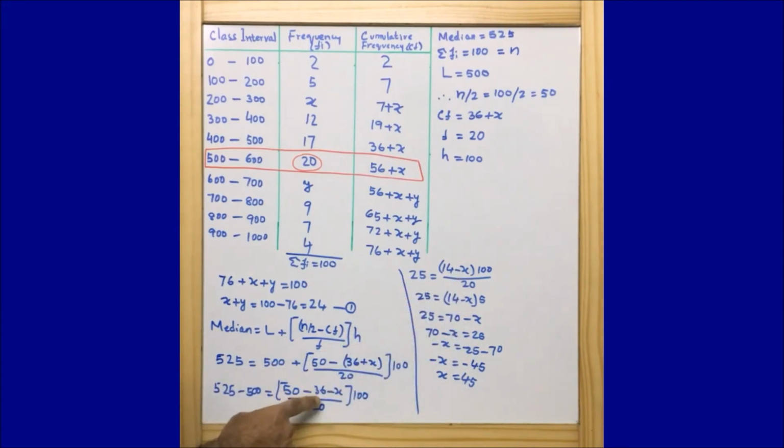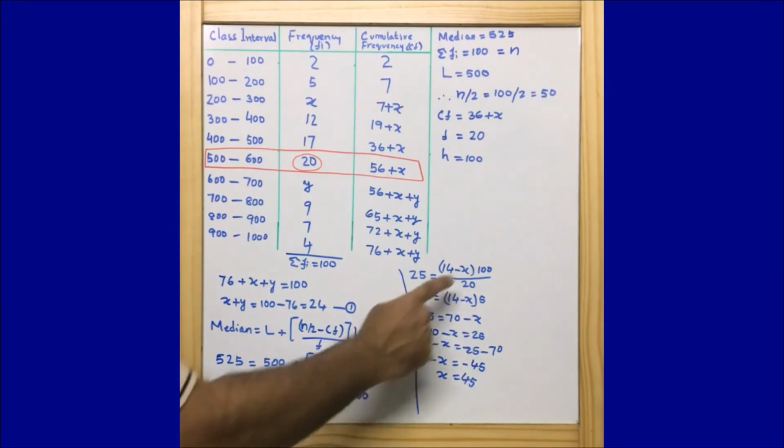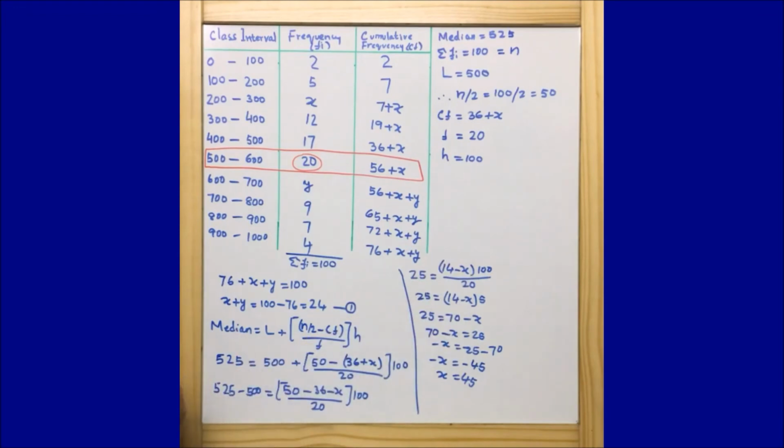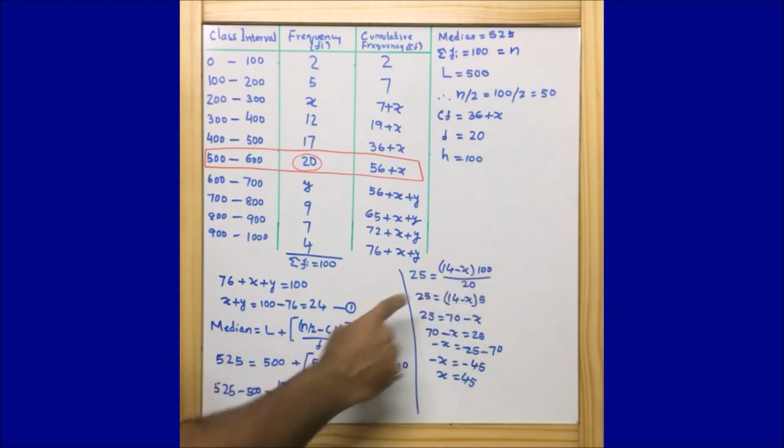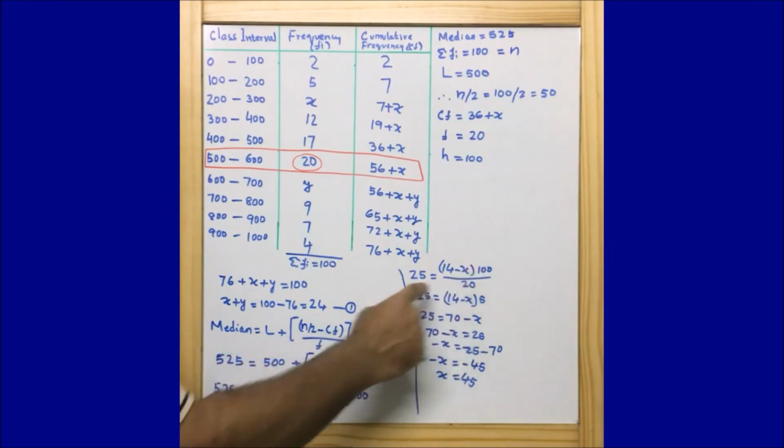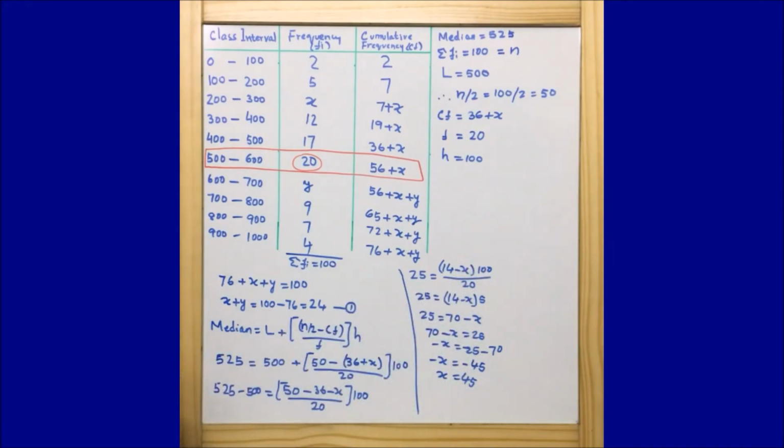Then 50 minus 36 is 14. 14 minus x into 100 by 20 here. Now here it is 25 is equal to 14 minus x into 100 by 20, and this 100 and this 20 will cancel off.